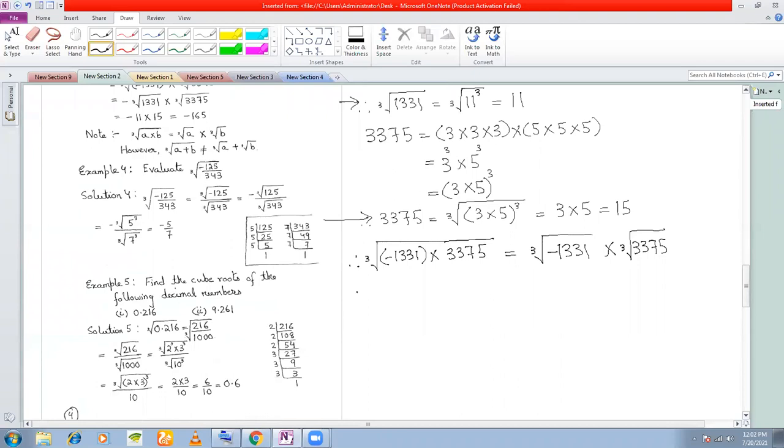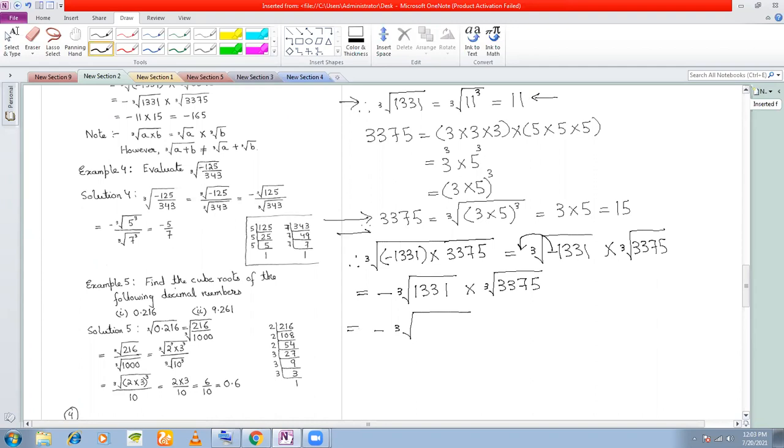Now, because inside a cube root, I have a negative sign, I can take this negative sign out of the cube root. I can write this as minus cube root of 1331 into cube root of 3375.